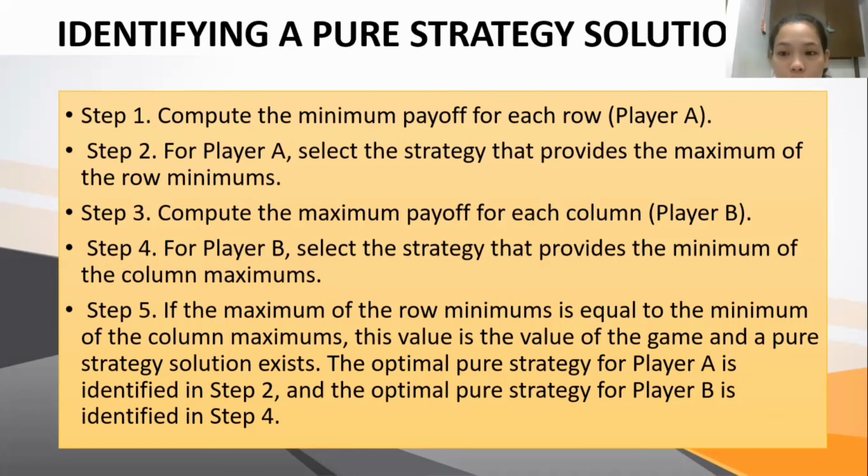If the maximum of the row minimums is not equal to the minimum of the column maximums, then a pure strategy solution does not exist, which means the mixed strategy solution will be used instead, which will be discussed by the next reporter.